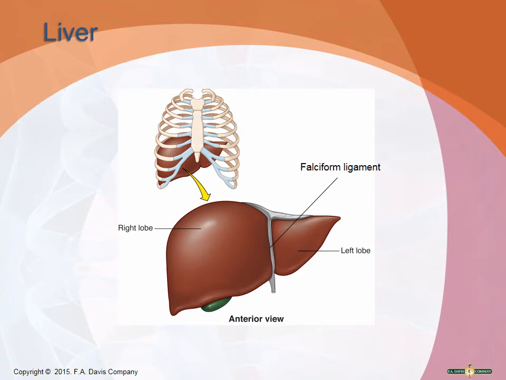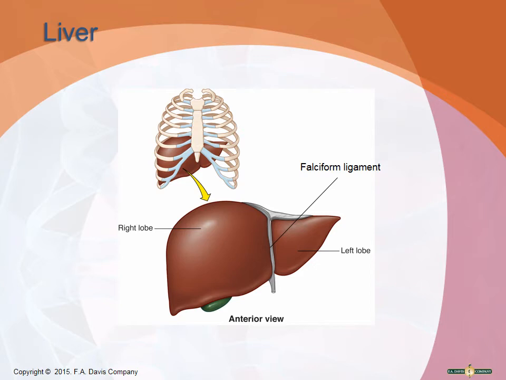Generally, we talk about the liver as the right upper quadrant, but as you can see in this picture, it crosses the midline, it crosses the sternum. So there is a piece of the liver that is on the left side, but generally we consider it right upper quadrant. The liver is very busy and has lots of jobs, and you should know some of them between pharm and this class.